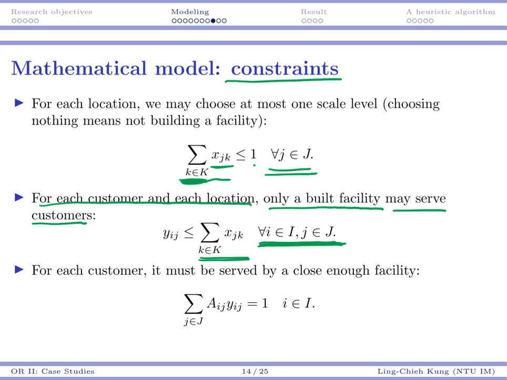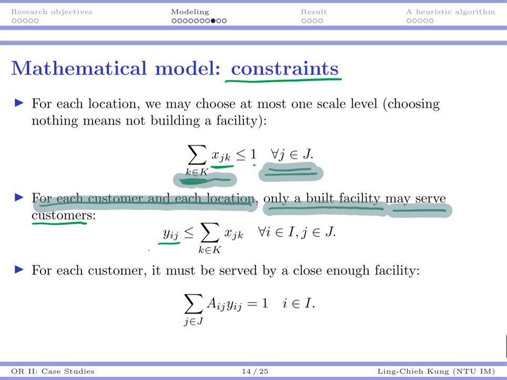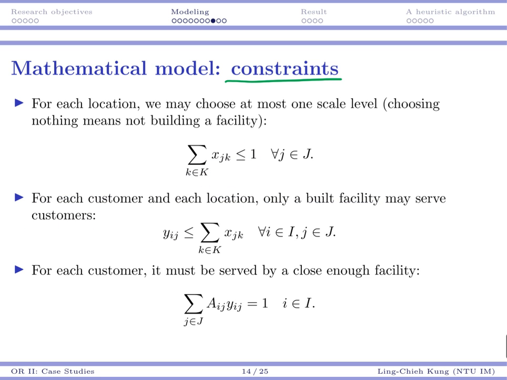If yes, the right-hand side would be 1, and that means you are allowed to assign customer i to facility j. If the right-hand side, on the other hand, is 0, then you cannot assign customer i to facility j. So the second constraint enforces that you may only assign customers to built facilities.